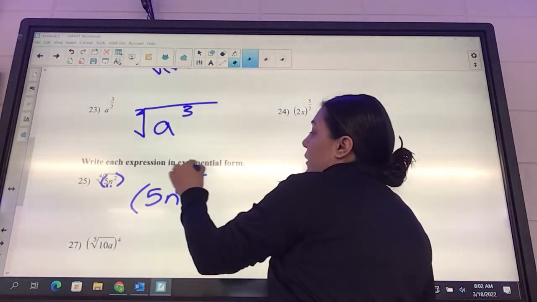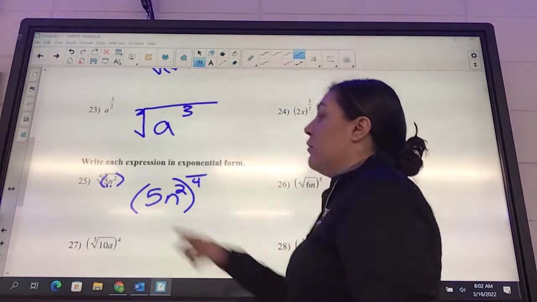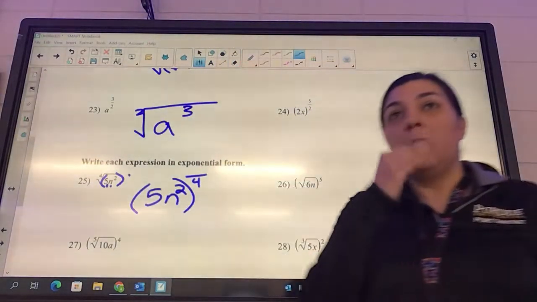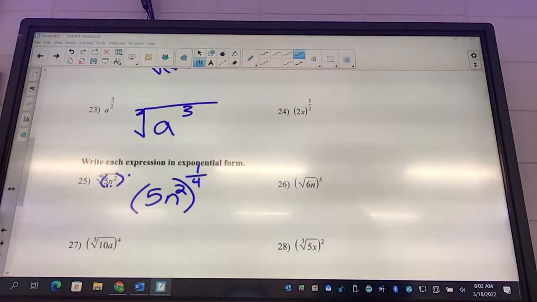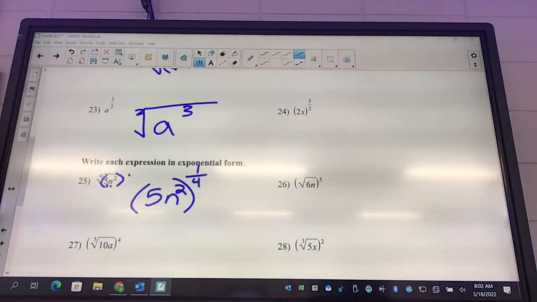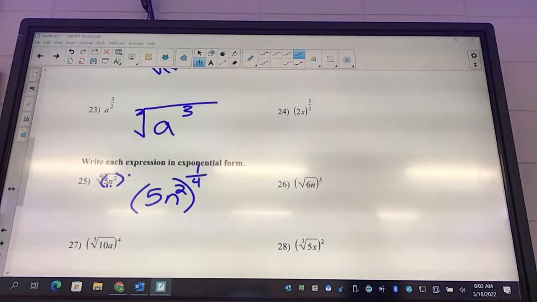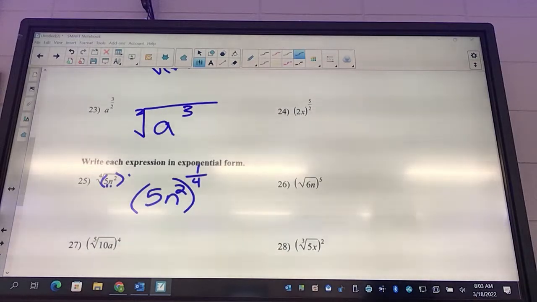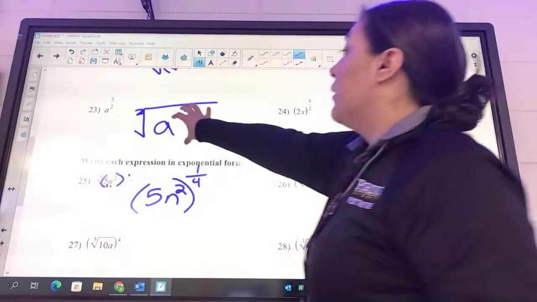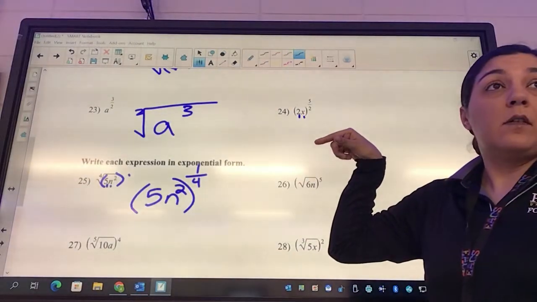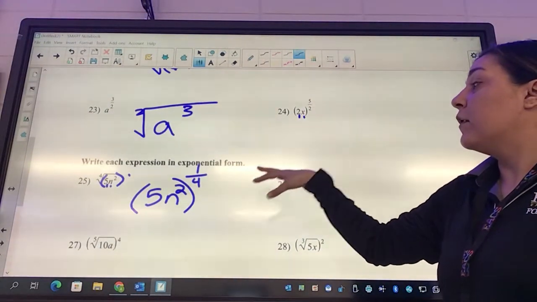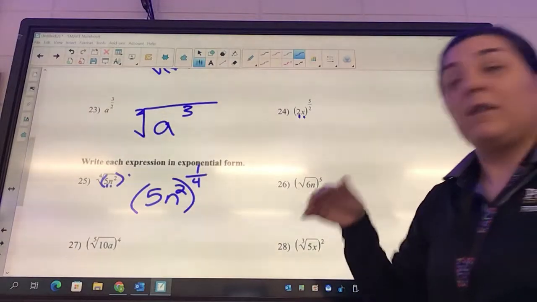Now, what power is it? If there's no number here, what is it? A 1. I know, it's like there's imaginary 1s and 2s all over the place. So when we do radical form, you must do parentheses like that. When you do radical form, you have to use parentheses if there's more than one piece.